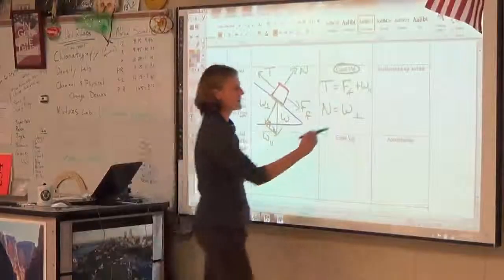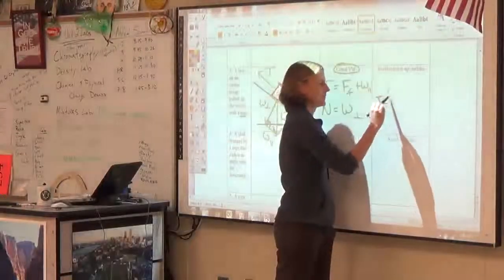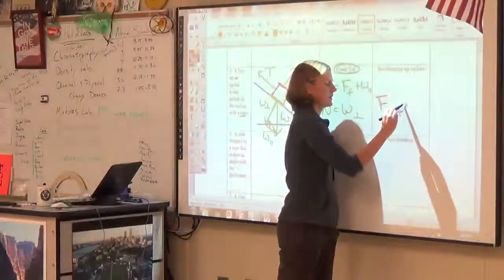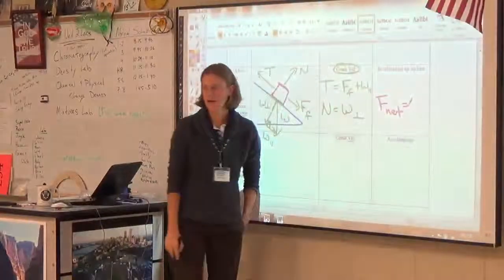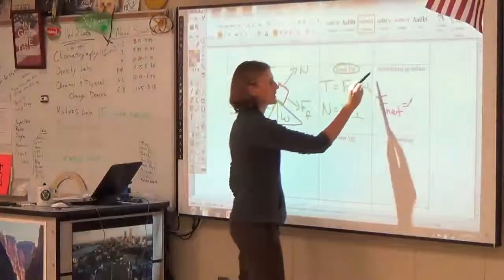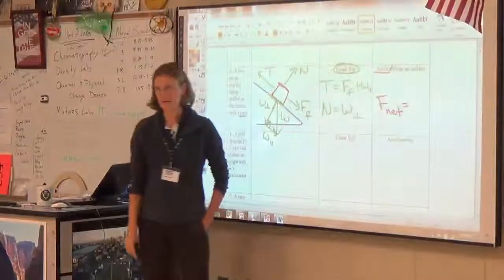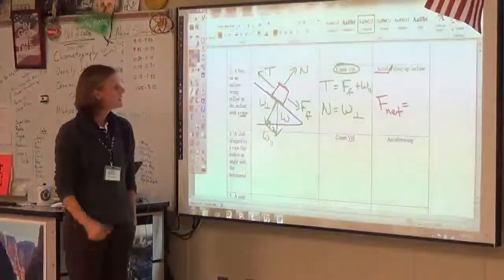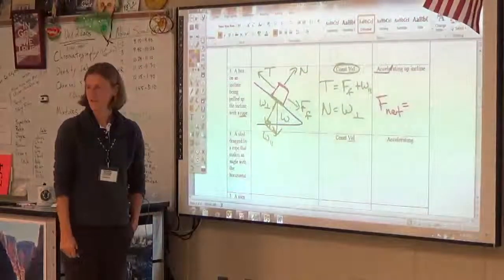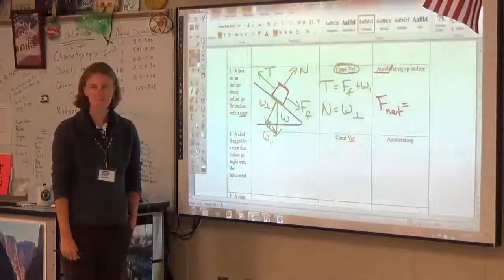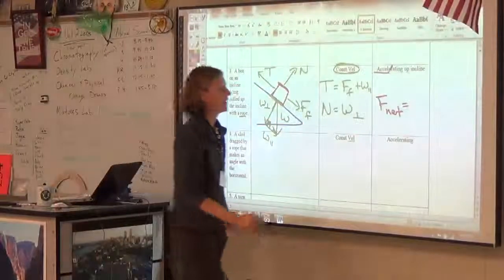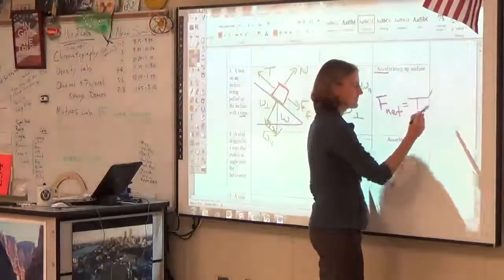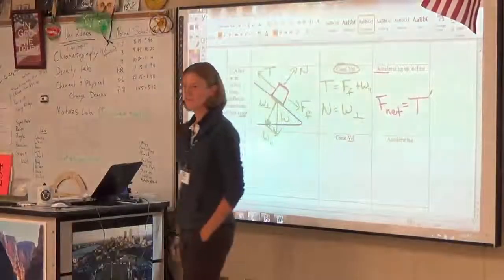All right, now I'd like my F net equation. Now we're going to assume it is accelerating, and specifically up the incline. So this person with the rope is winning out. So how would you write that? Okay. F net is largely due to tension, but what is not helping?